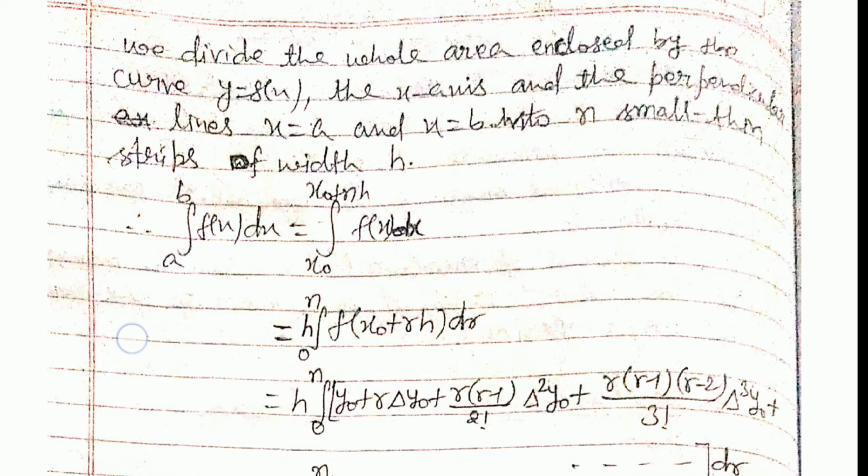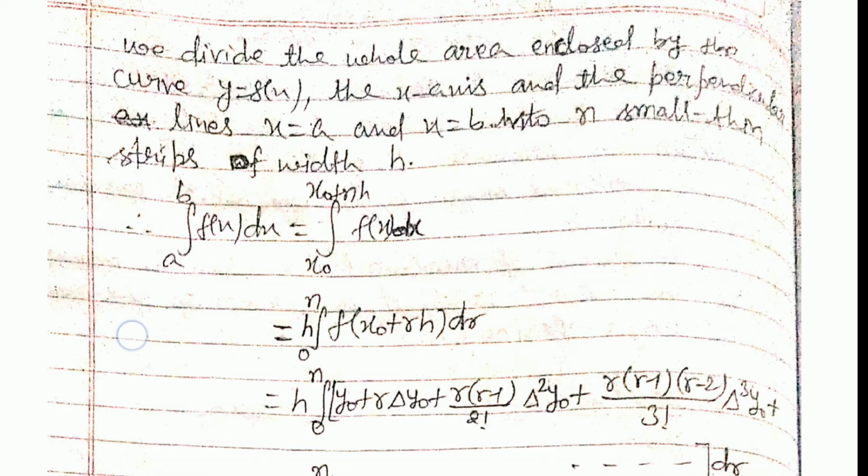Now we convert it in the form of r. We change this x in the form of r, so we write x is equal to x naught plus rh. Its limits will be changed also.